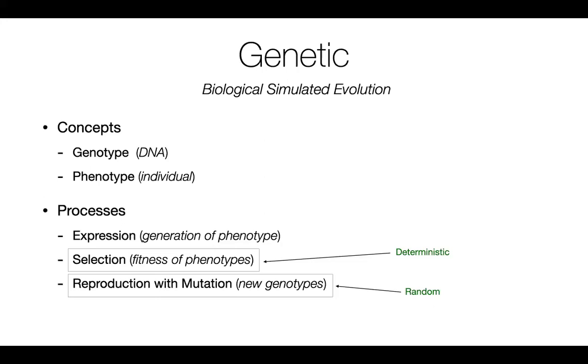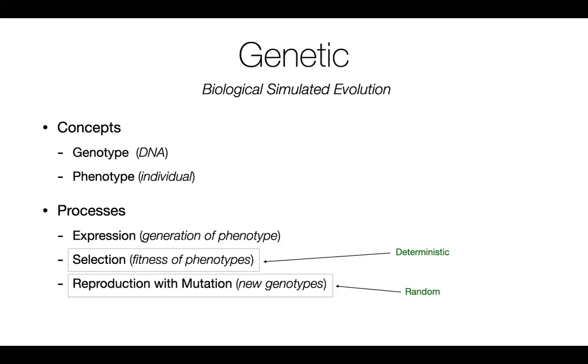The concepts here are the genotype and the phenotype. The genotype is like the DNA, the structure of that organism. And the phenotype is the expression of the DNA that corresponds to that individual.